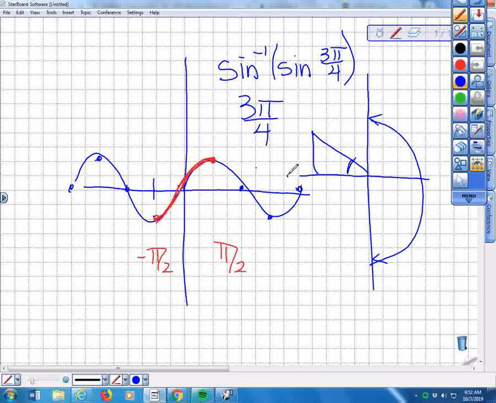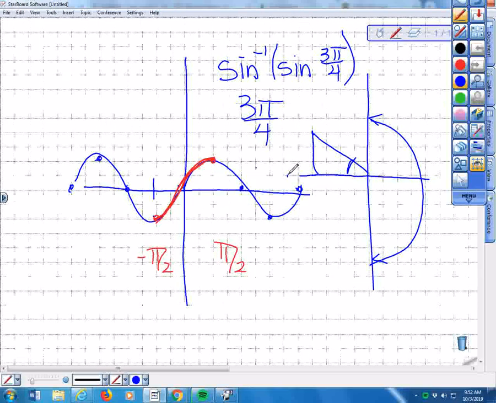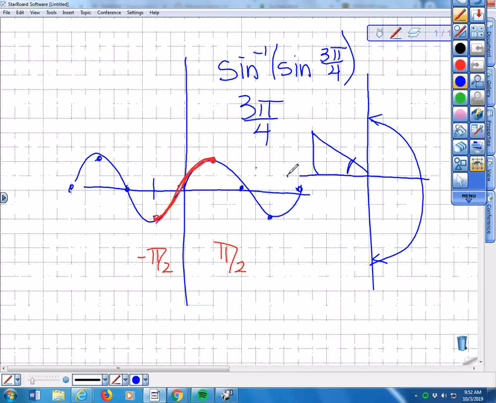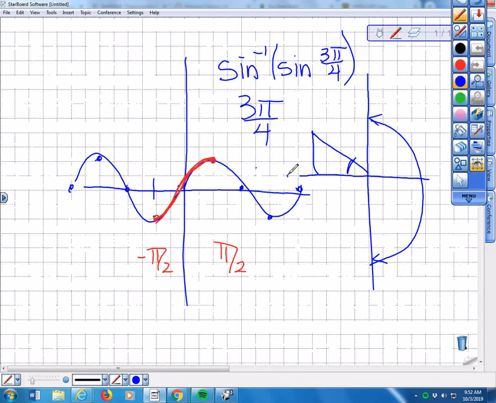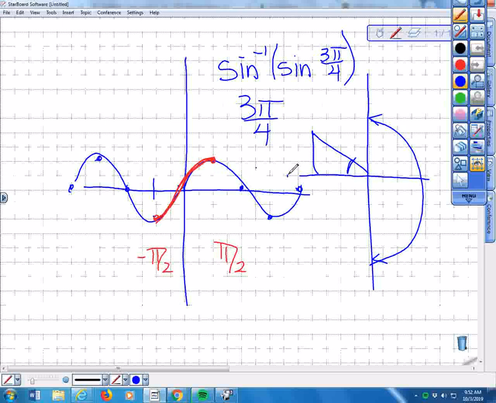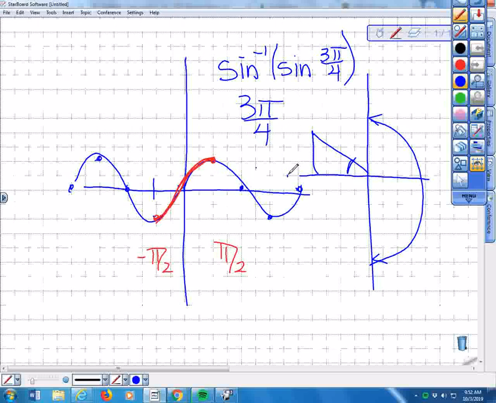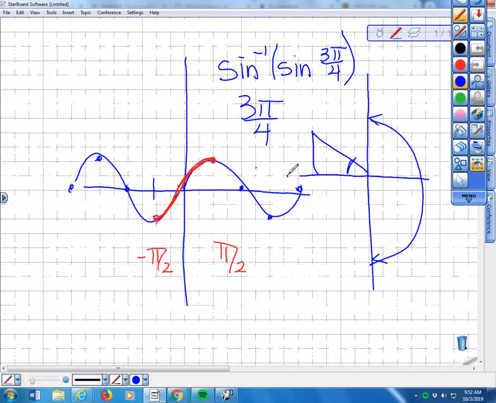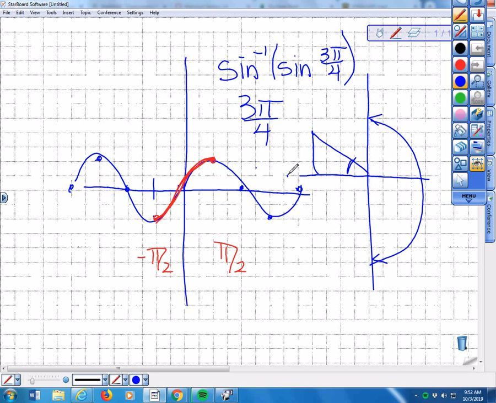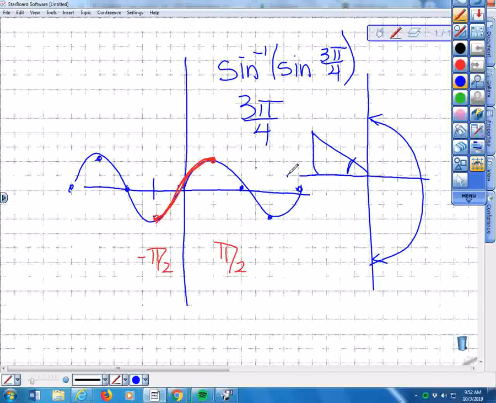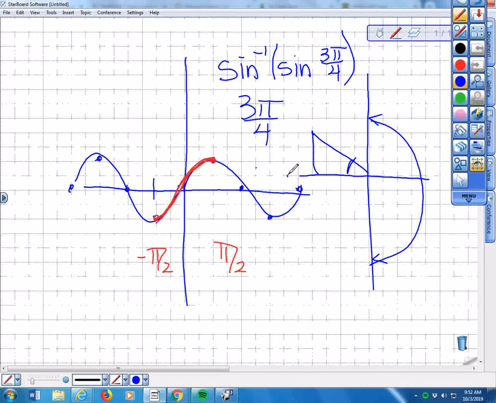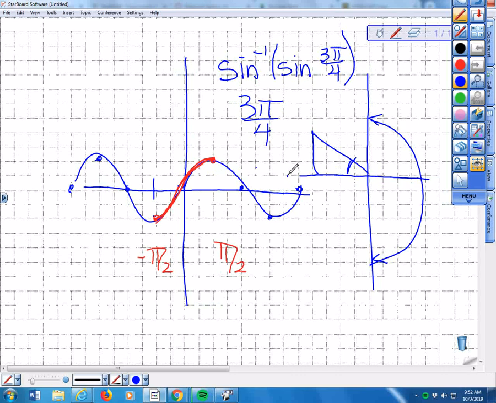And is it positive or negative? Positive. So what you need to do in a question like this is ask yourself, given the domain restriction, okay, quadrant 1 or quadrant 4, which quadrant will give me the exact same value for sine and which angle in that quadrant that I just got? Root 2 over 2. Is it positive? It's positive, so it's got to be first quadrant.